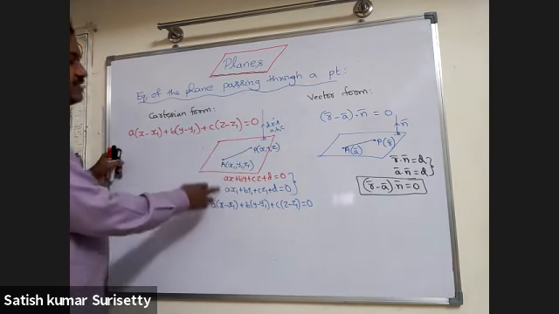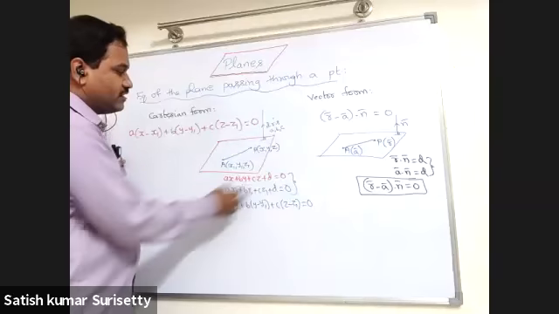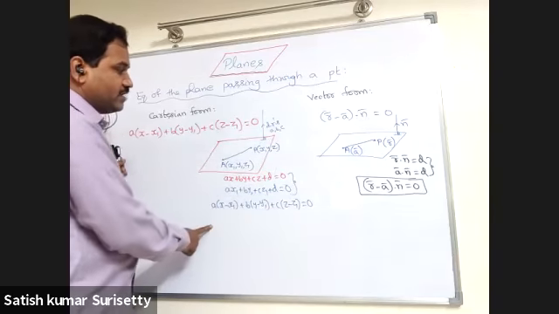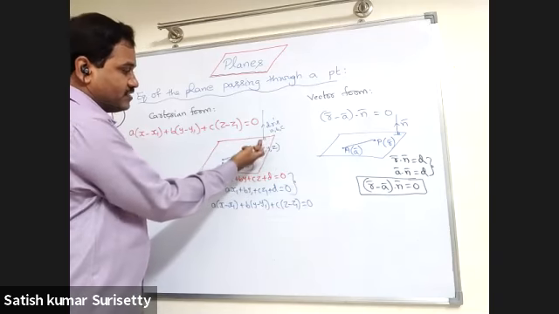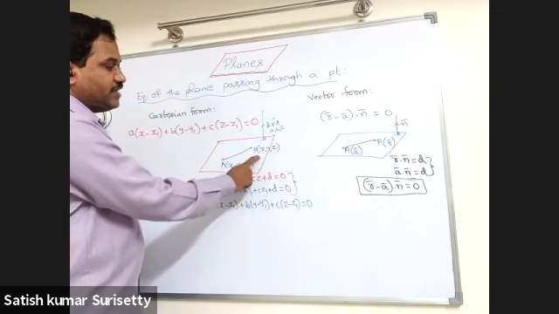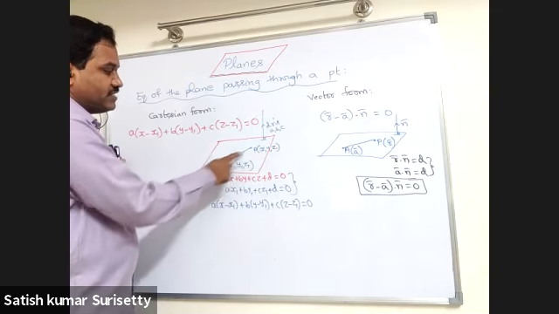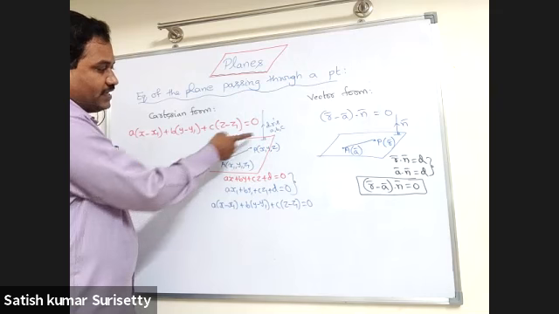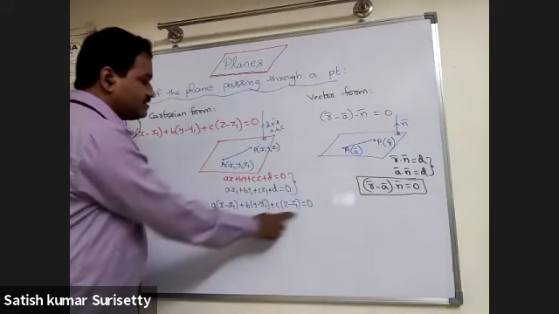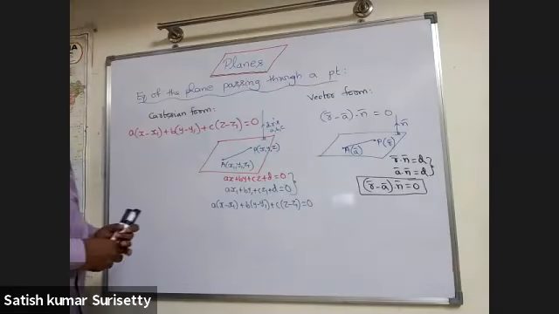One method is to take ax plus by plus cz plus d equal to 0, substitute the point and subtract the two equations. Then you will get this. Another method is: a, b, c are the direction ratios of the perpendicular to the plane. If I take P(x, y, z) to be any point in the plane, then the direction ratios of AP bar and the direction ratios of the normal to the plane are perpendicular. So the condition is this in the vector form.